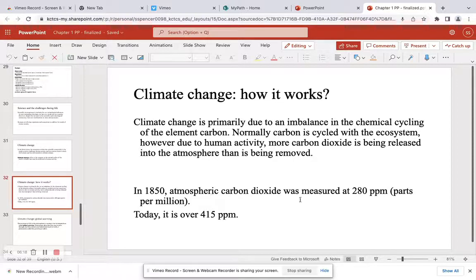Here I found this statistic in your book. In 1850, there was a carbon dioxide level of 280 parts per million, and today we see that it's 415 parts per million. So again, we can see that there has been some excess CO2 production.